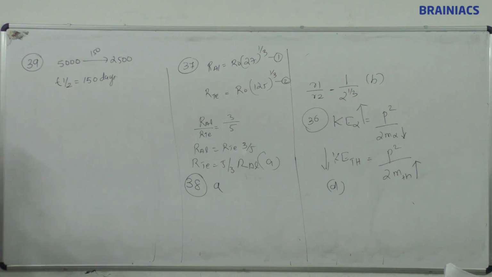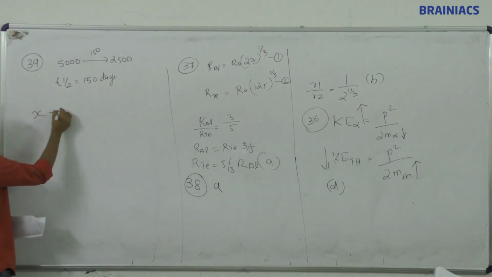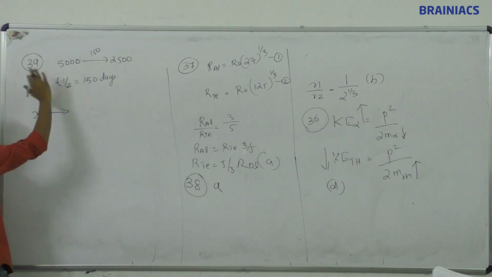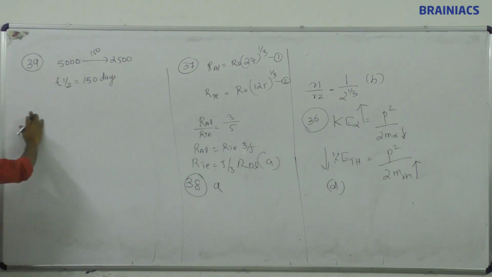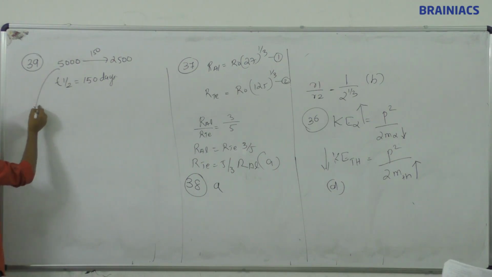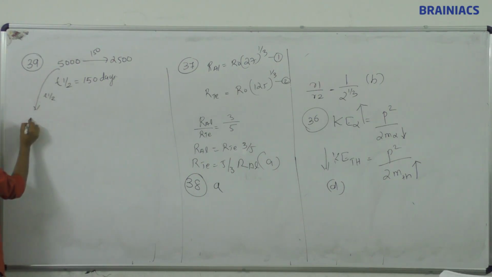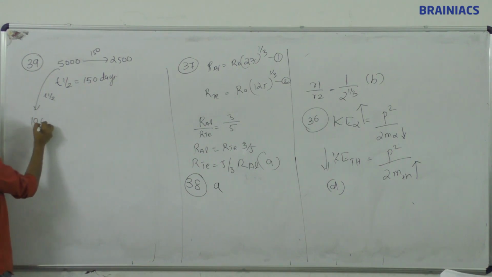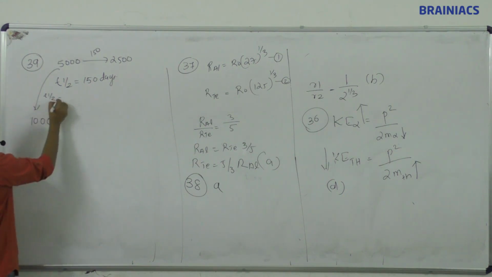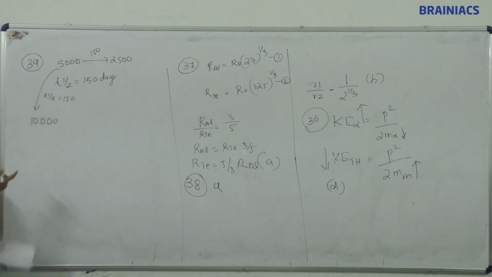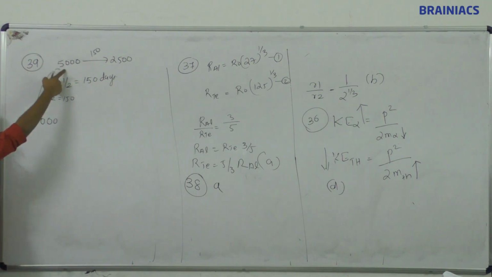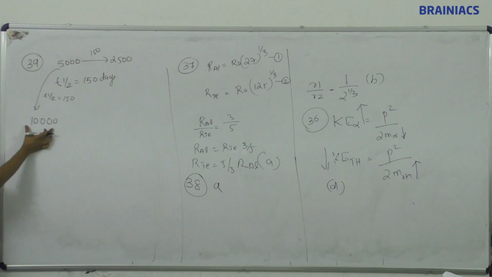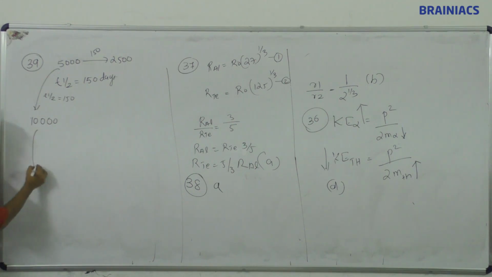Suppose the initial activity is what we need to find, and after 300 days it is 5000. So we have to go back. If I take one half life back, then what is its count? Back it becomes 10,000. One half life is 150 days, and the question gives 300 days. After 300 days it is 5000, so I take 300 days back. If I take the first 150 days back, it becomes 10,000. Another 150 days back becomes 20,000.